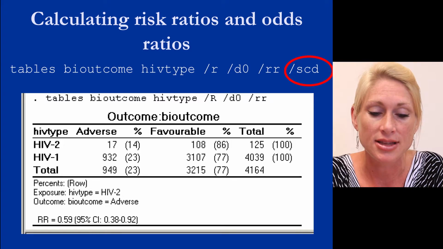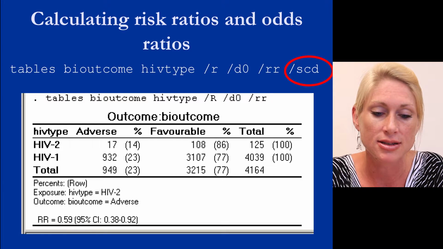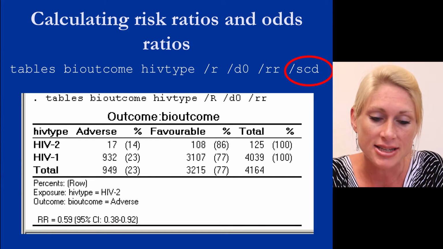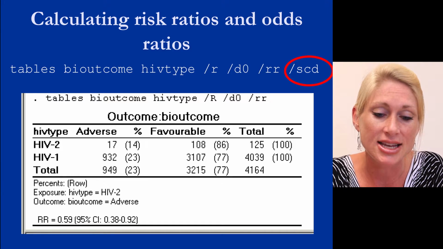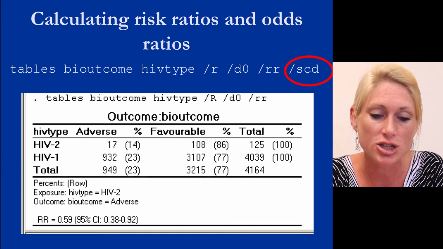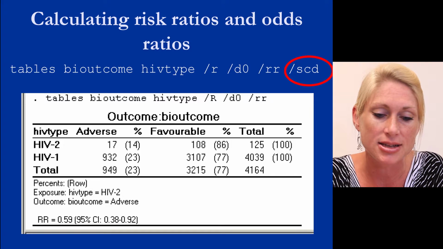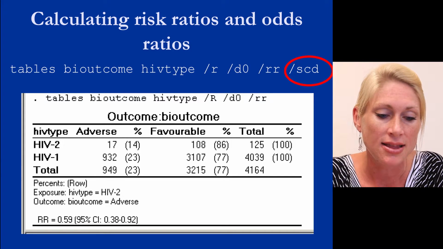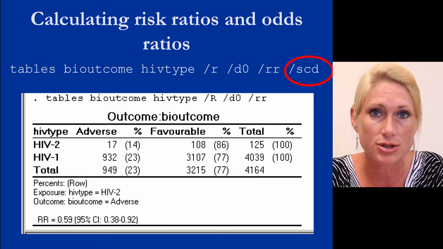At the moment, these percentages are presented in ascending order, going from lowest to highest. If we reorganize this table so that they are presented in descending order, going from highest to lowest, so 23 sits up here and 14 sits here, then we will end up switching HIV-1 and HIV-2 around.